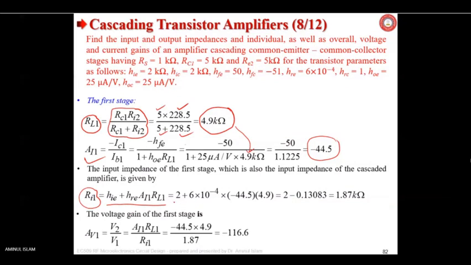So putting this value, HIE is given here as 2 kilo ohm. Then AI1 is obtained as minus 44, coming here. And HRE is given here, so it's coming here. And RL1 is calculated and it is coming from here.